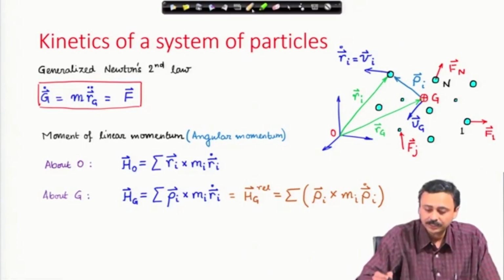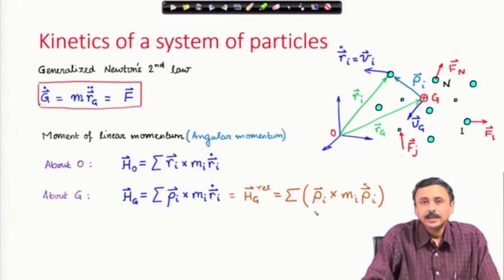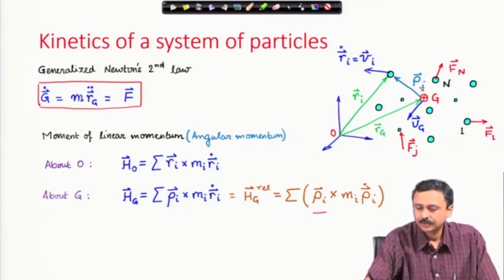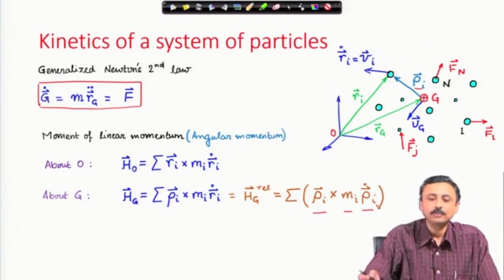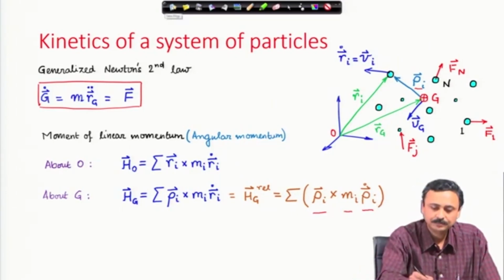And how did we define relative angular momentum? This is the same moment arm rho_i shown here in the figure, cross m_i rho_i dot. Mass of the ith particle times rho_i dot, where rho_i dot is the relative velocity of the ith particle with respect to the center of mass. Therefore, m_i rho_i dot is in some way the relative linear momentum of the particle with respect to the center of mass.